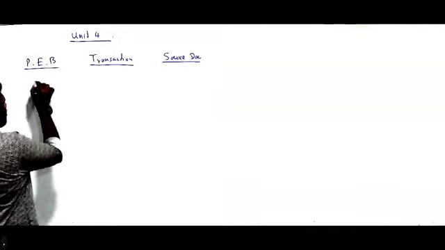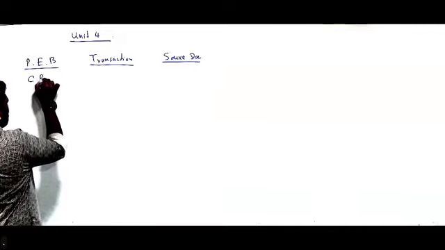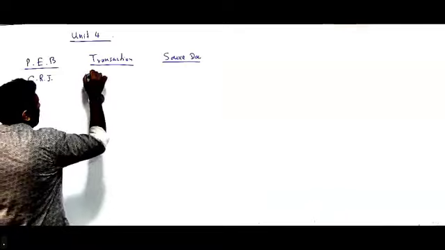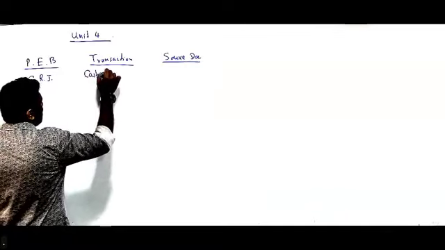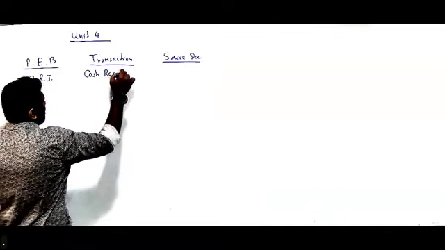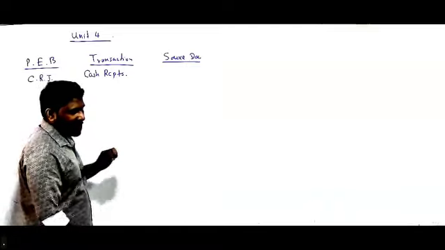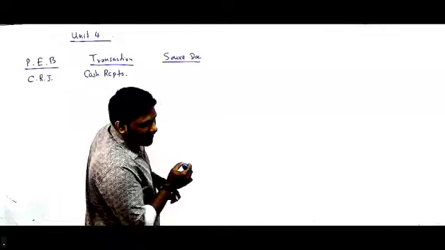The first prime entry book that we studied was the cash receipt journal. In the cash receipt journal, what are we recording, people? Cash receipts. What's the source document of the cash receipt journal? Receipt.